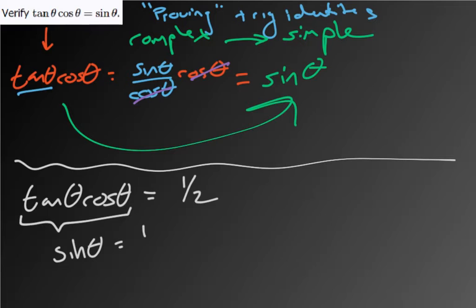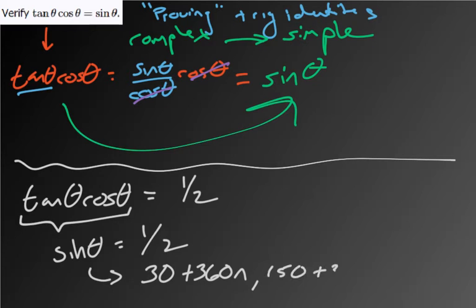And now sine theta equals 1/2. Now we know how to answer this. It could be 30 degrees plus multiples of 360, and then also 150 plus 360n. So these kind of angles are what make this equation true, because this thing has simplified to this, and this is a much easier equation to solve. So that's the idea with these things.